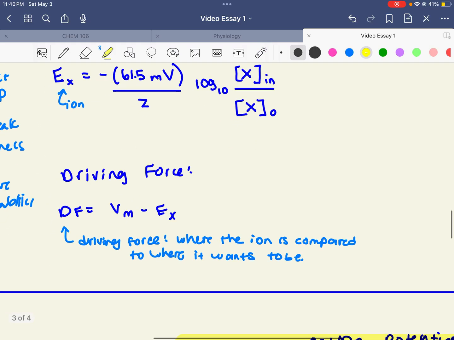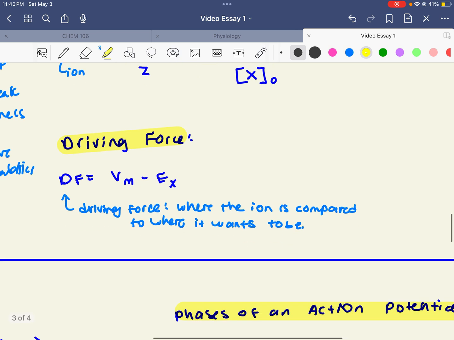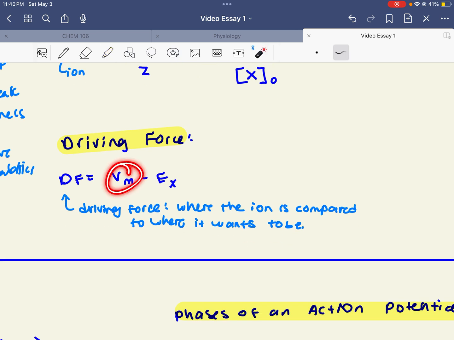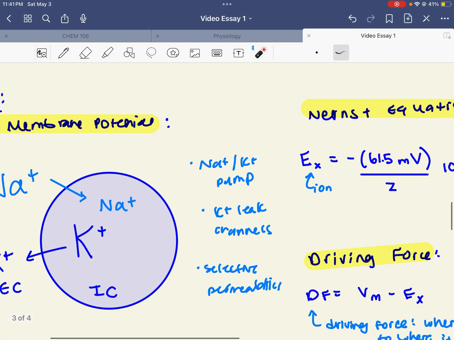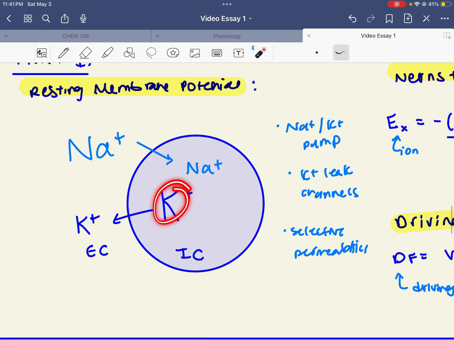Now we have driving force. Driving force is equal to the membrane potential minus the ion's equilibrium potential. So driving force just tells you where the ion is compared to where the ion wants to be. Like we showed here, there's a lot of potassium in the cell.